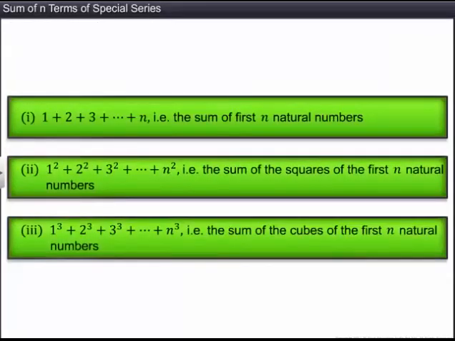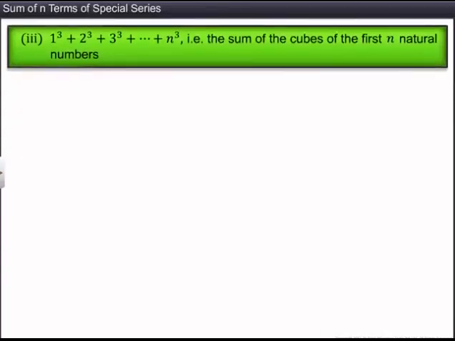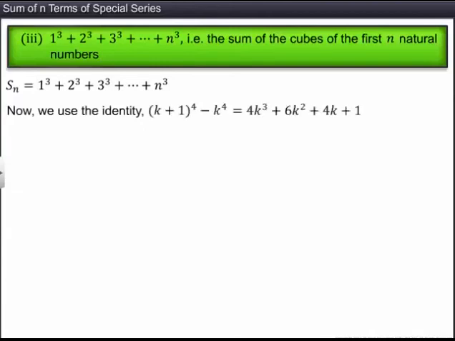Let us now find the sum of the cubes of the first n natural numbers. Let us denote the sum of the cubes of the first n natural numbers by Sn. Now, we use the identity k plus 1 whole raised to the power of 4 minus k raised to the power of 4 is equal to 4k cube plus 6k square plus 4k plus 1.